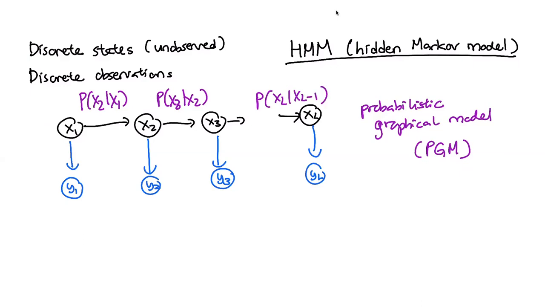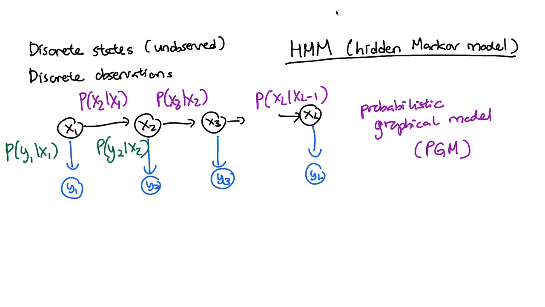Right, so these are called the state transition probabilities. And these are called the state emission probabilities.